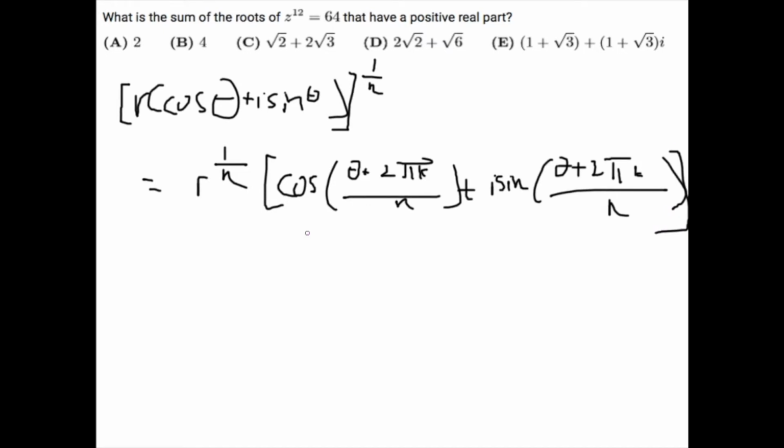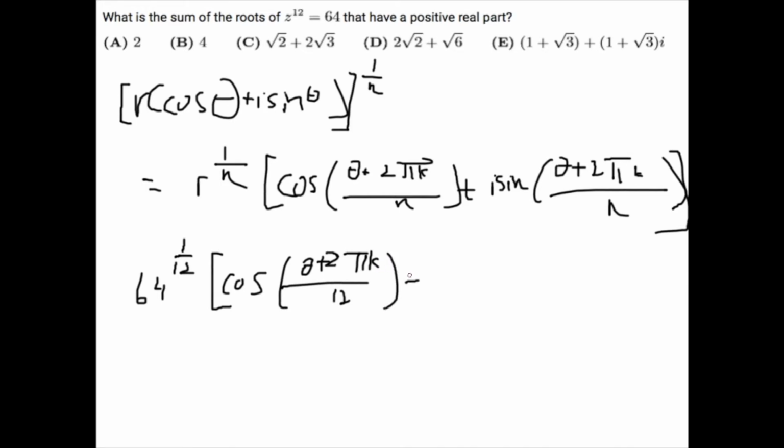The next thing we have to do is plug in the values for the problem. So we have r equals 64 and n equals 12. So we have 64 to the 1 over 12 times cosine of (theta plus 2 pi k) over 12 plus i sine of (theta plus 2 pi k) over 12.